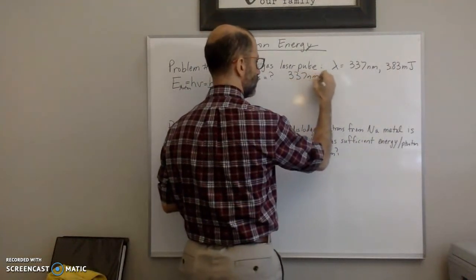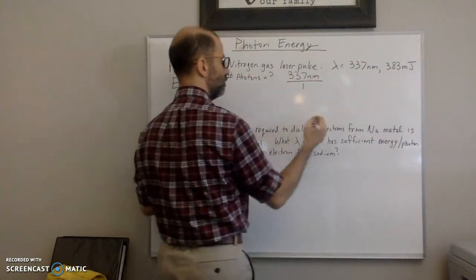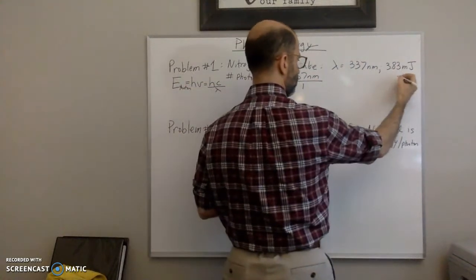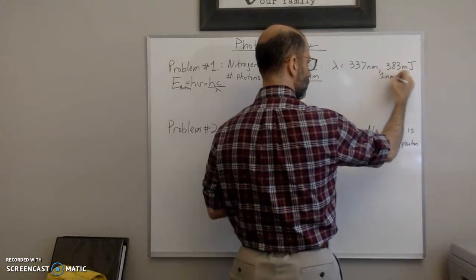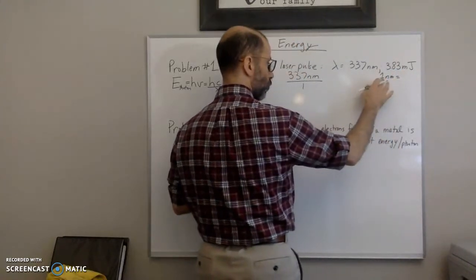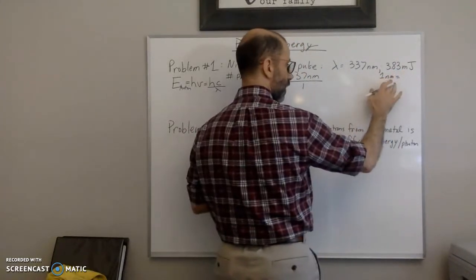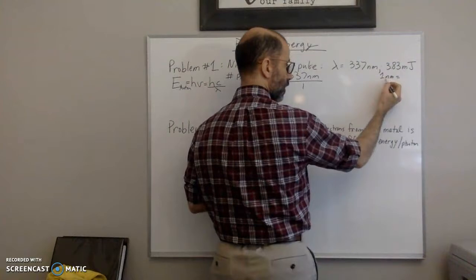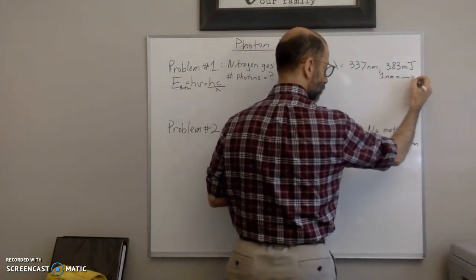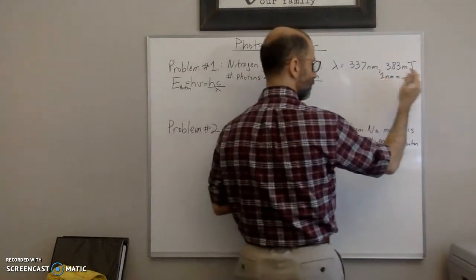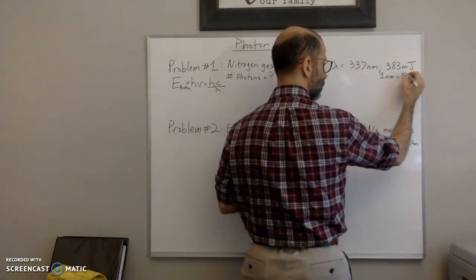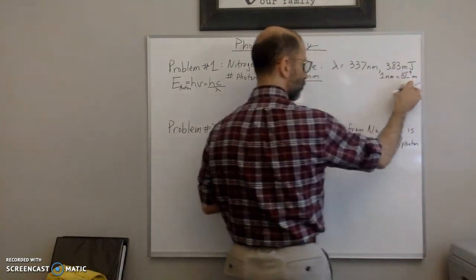So 337 nanometers over 1. I always put a 1 with the prefix: 1 nanometer is going to be equal to meters. Nano means 10 to the negative 9, so I'm going to put 10 to the negative 9 with the base unit.